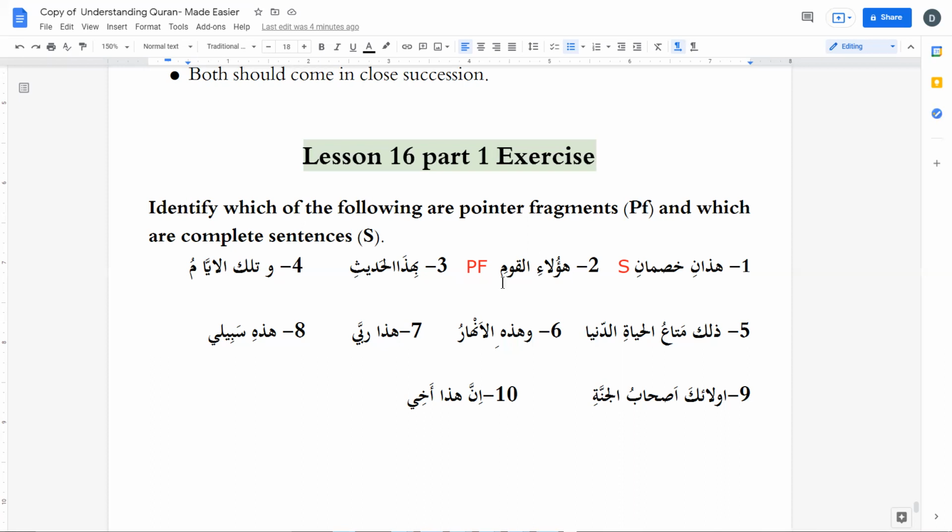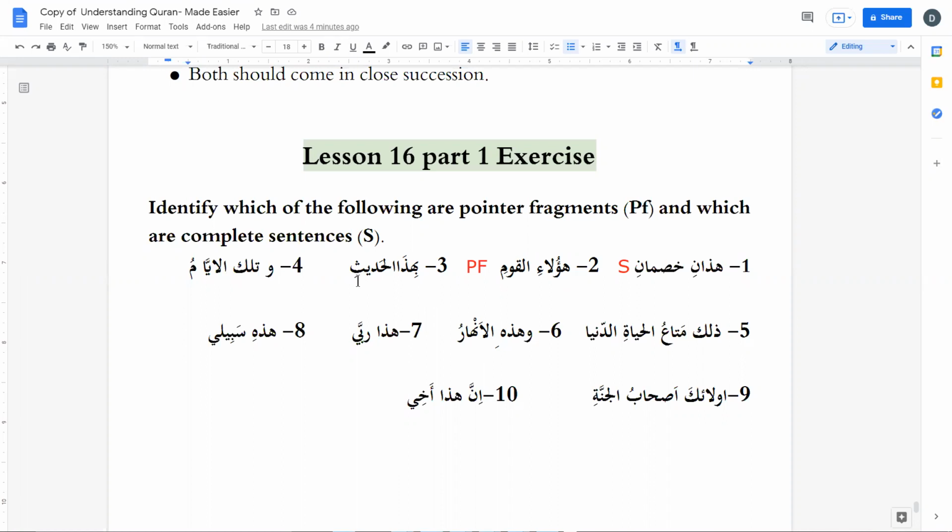Al qawmi is in jar status with kasra. So both are jar, both are proper, both are plural, and both are masculine. Okay, now tell me about the third one.